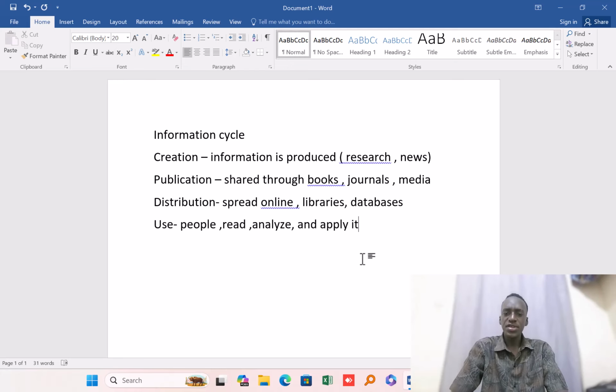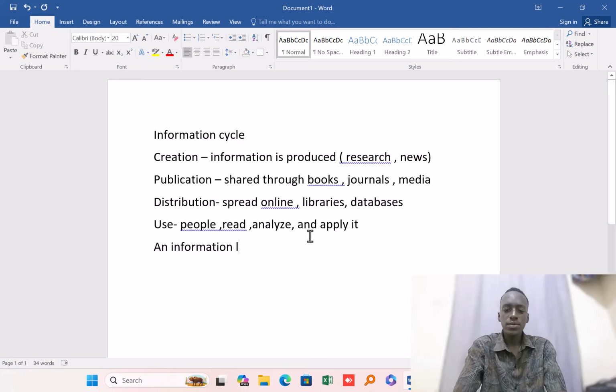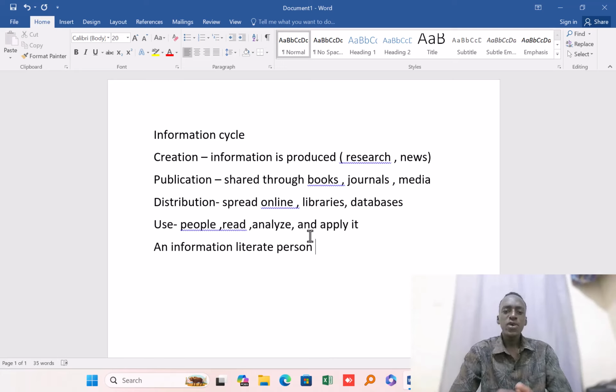So, the next thing we shall talk about is an information literate person. For a person to be information literate, you know how to search for the data, you know how to use the data, and you know how to apply the data.